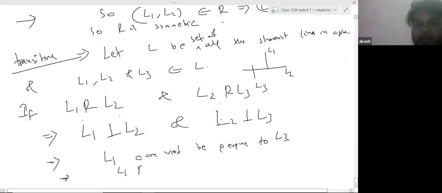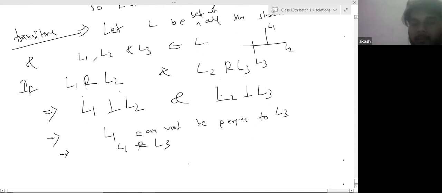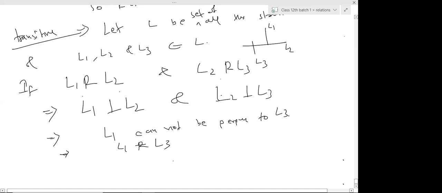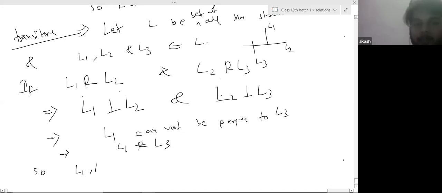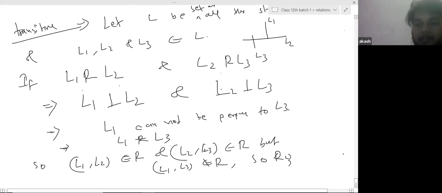This implies that L1 is not related to L3. Is this clear, everyone? Yes, sir. So we can say (L1, L2) belongs to R and (L2, L3) belongs to R, but (L1, L3) does not belong to R. So R is not transitive.